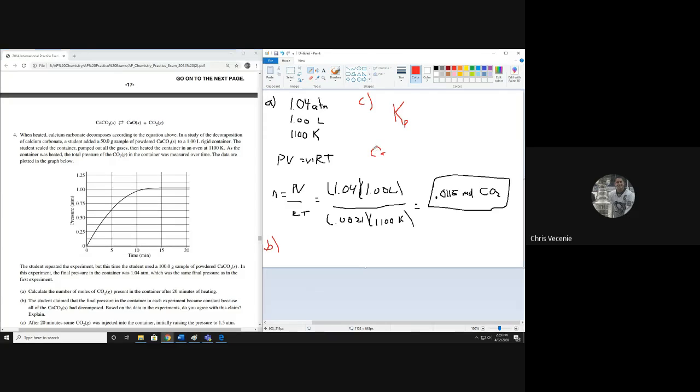If I were to write a K expression for this, what would you write in it? CO2. And that would be it. Why? Because the other molecules are solids. Good. So all I need to get the Kp is what? CO2's pressure. Do we know CO2's pressure?